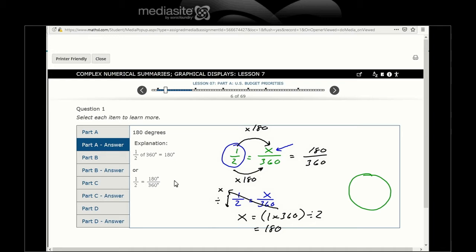Another way to have done it: just multiply both sides by 360, because that'll cancel this out. So x is 360 times a half, or again 180.